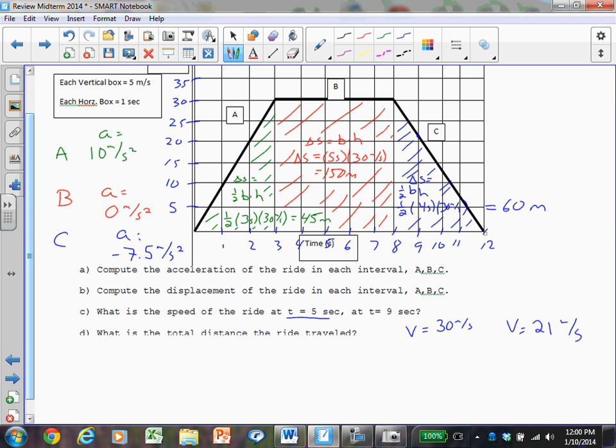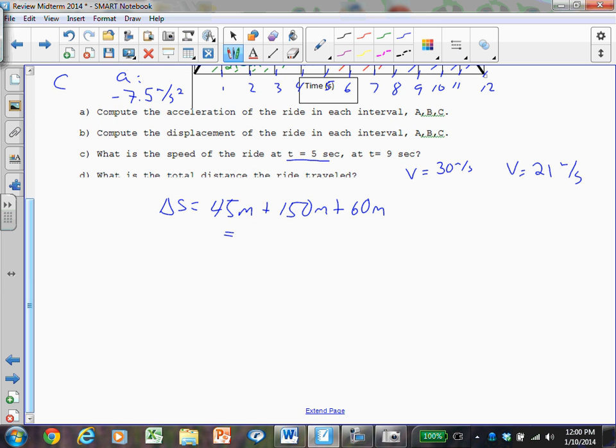That would be fine. What is the total distance the ride traveled? Just add up all your distances. You like that joke? No? Add up all your distances. 45, 150, 60, 255 meters.